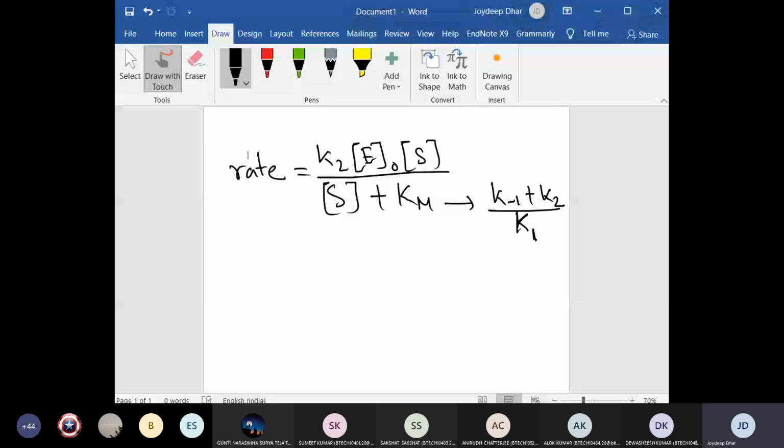Hello. Yes. Network 0 it is showing. So in the rate equation, I can say this K2 into E naught term is the maximum rate.